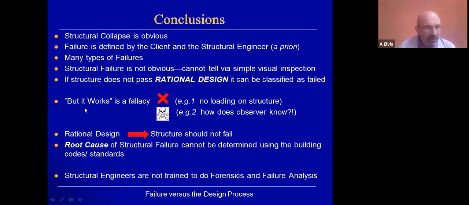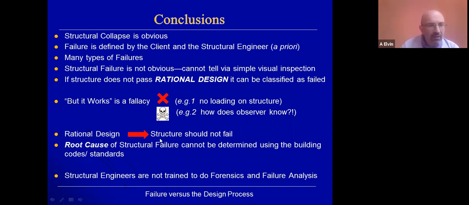The statement, but it works, is a fallacy. It is wrong and it is dangerous. The reason why things work, in inverted commas, is perhaps there are no loads on the structure. The second answer is, how does the observer know that it works without doing fundamental full-scale testing and review of the design?